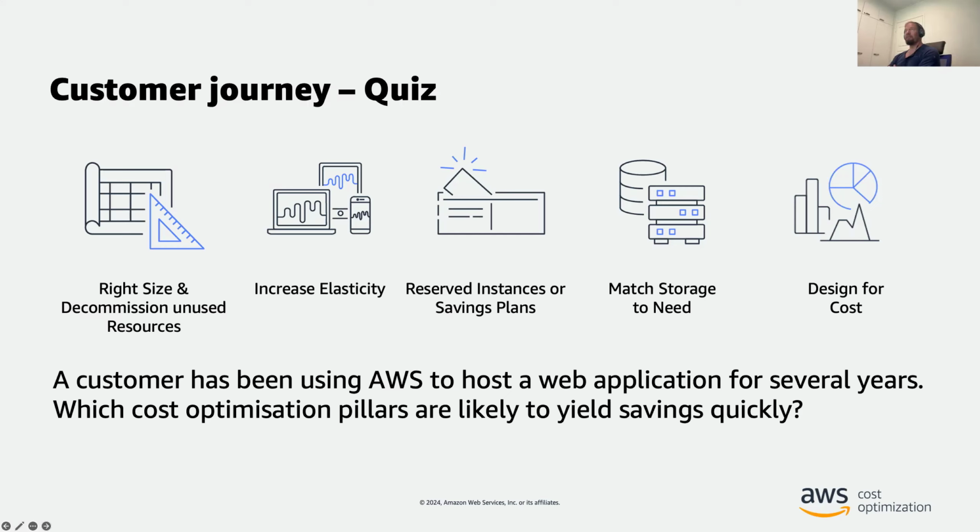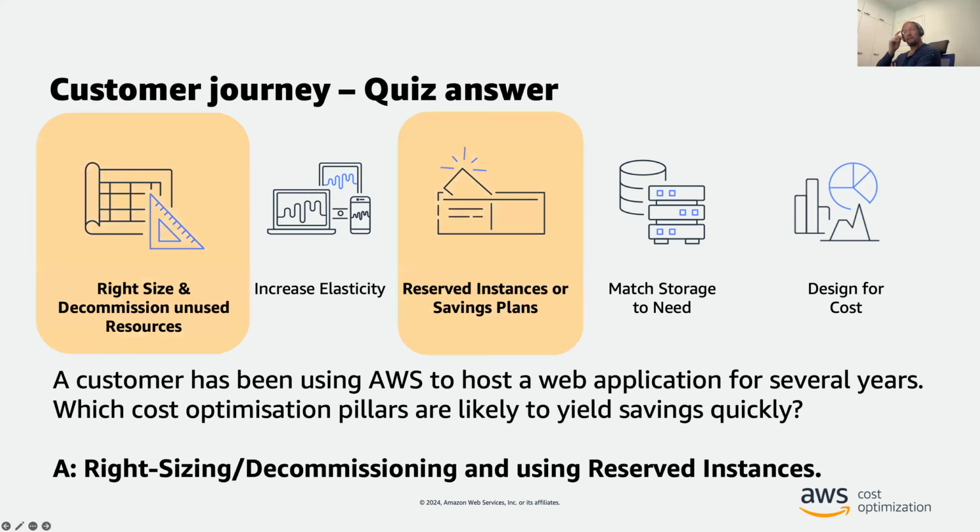This could be a direct question out of the practitioner exam. And if we think about this a little bit, well, maybe even all, but let's take the next slide. The correct answer for this would be right sizing and decommissioning unused resources, or reserved instances and savings plans.